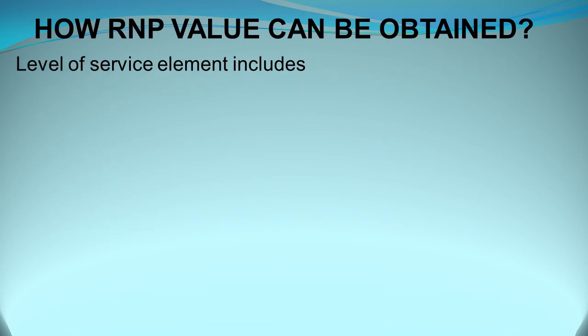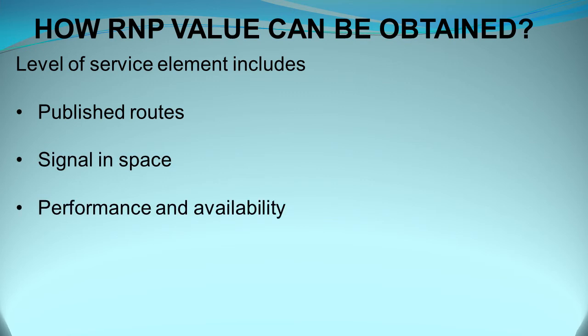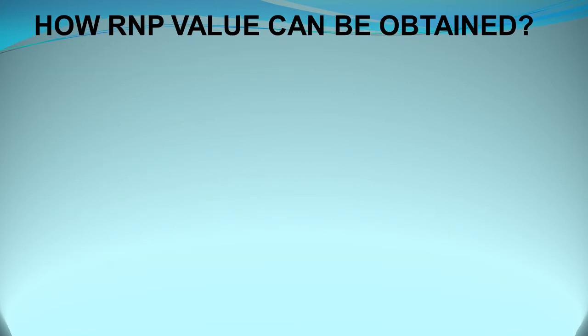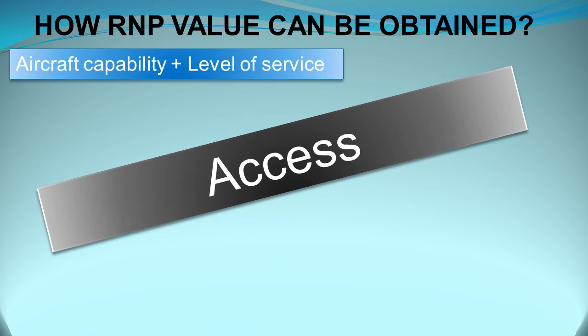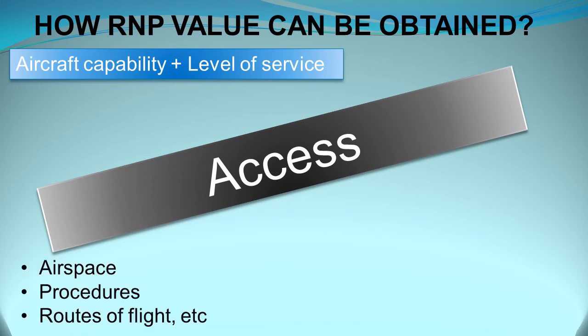The level of service element includes published routes, signals in space, performance and availability, and air traffic management. When considered collectively, these elements result in providing access. Access provides the desired benefit, which includes airspace, procedures, and routes of flight.